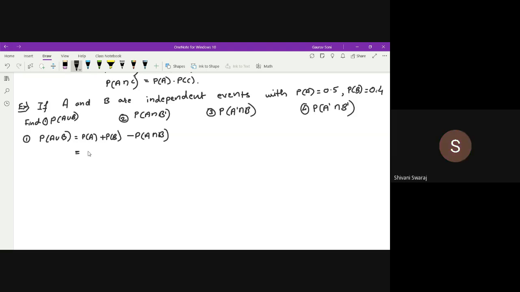Probability of A into probability of B. So 0.5 plus 0.4 minus probability of A into probability of B, which is 0.9 minus 0.2. So this is 0.7. This is the probability of A union B.